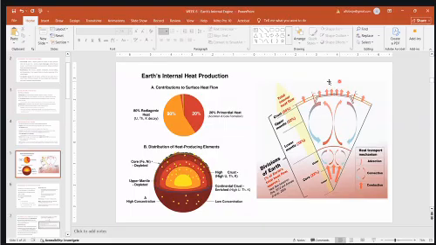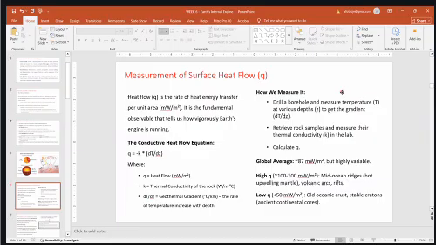So, how do we measure heat flow? Using the symbol Q, small letter q. The heat flow is the rate of heat energy transfer per unit area.